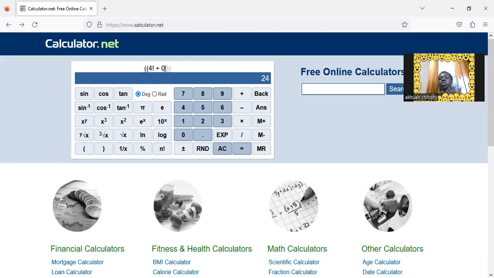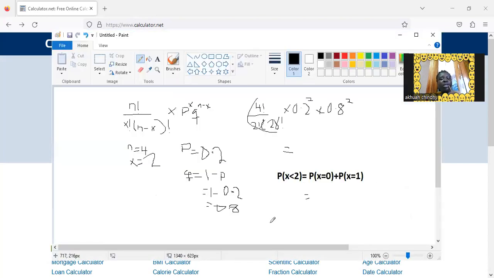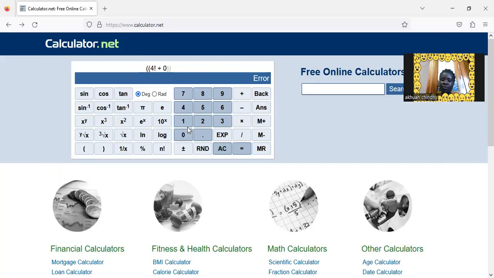But I just want to do it so that at least someone will also see how to do it. Okay. So now x here is 0. No more 2, because we are looking for this one. So our x is 0. So 0 factorial times.